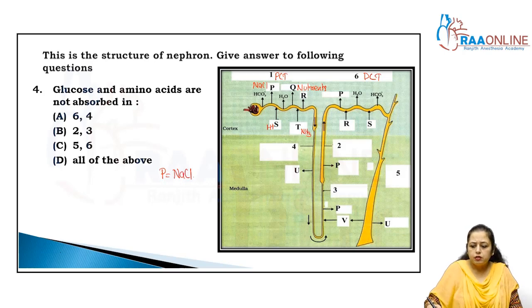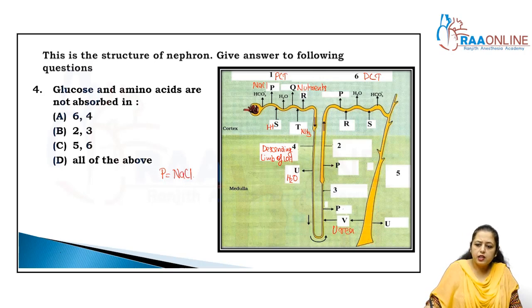Now that 4 is the descending limb of LOH, right? That U is the water. That V is the urea.